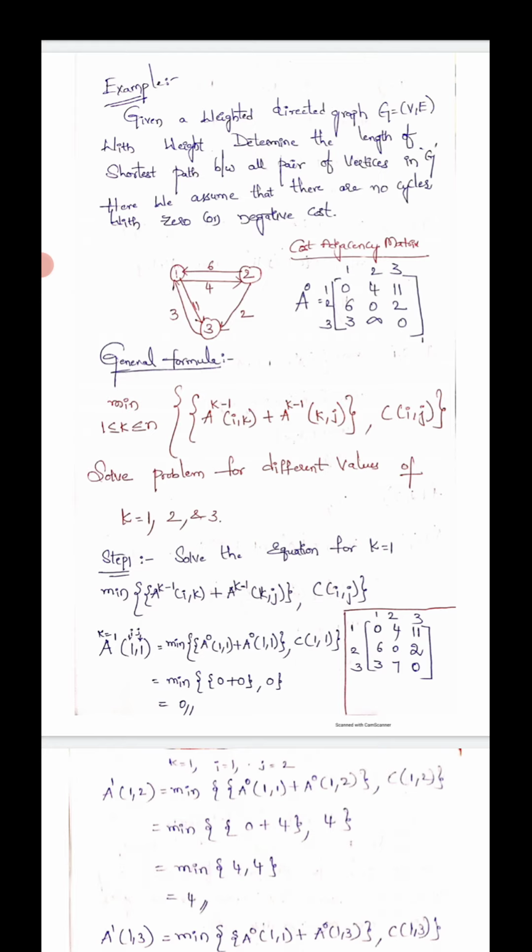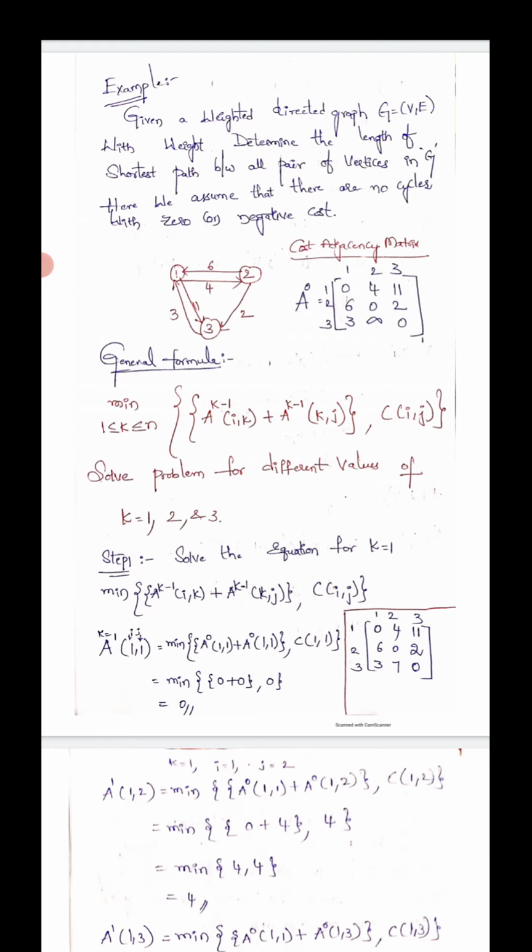In this problem, we need to solve for different values of k: k equal to 1, k equal to 2, and k equal to 3. Okay, first, step 1: solve the equation for k equal to 1.